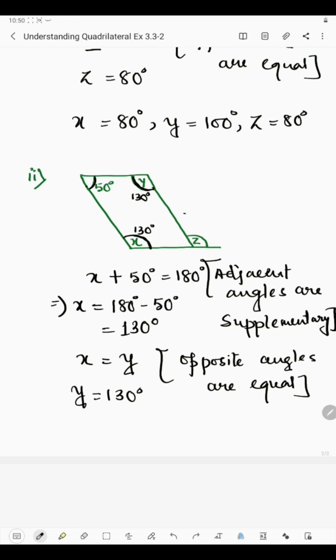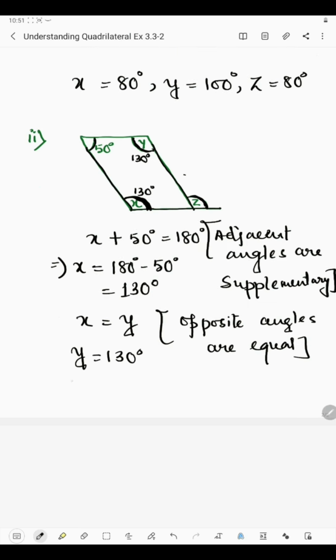Now see here, these lines and these lines are parallel, and this is the transversal which cuts these parallel lines at two distinct points. Then corresponding angles are equal. These are corresponding angles, on the same side, same position, isn't it? So angle x will be equal to angle z as these are corresponding angles.